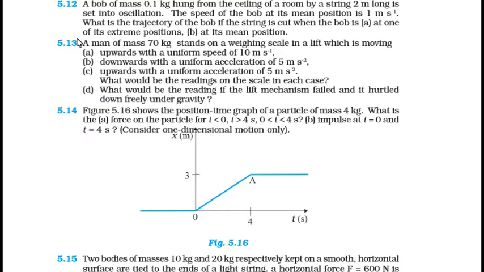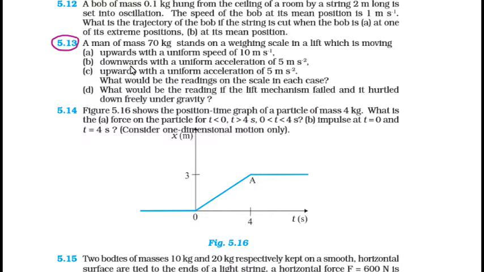Question number 5.13. A man of mass 70 kg stands on a weighing scale in a lift which is moving A upward with a uniform speed of 10 meter per second, B downward with a uniform acceleration of 5 meter per second square, C upward with a uniform acceleration of 5 meter per second square.